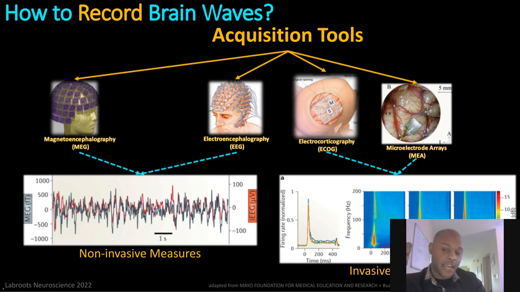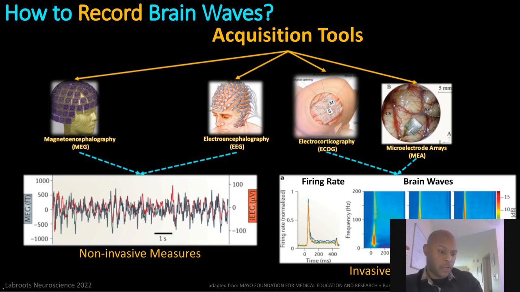On the right, you see the invasive measures, and we see here that there are brainwaves there on the left and brainwaves there on the right. When an action potential occurs, they contribute to the brainwaves that we read with these electrodes here. Our invasive measures include electrocorticography and microelectrode arrays.